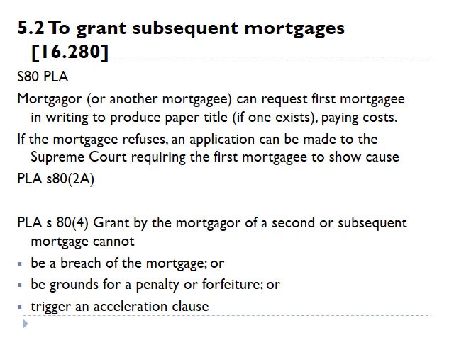So now that is not possible, and of course, if there isn't a paper title, any clause in the first mortgage preventing the granting by the mortgagor of a second or subsequent mortgage would not be valid and could be ignored, and of course would not constitute a default if it occurred. So Section 80 of the Property Law Act sets out those provisions.